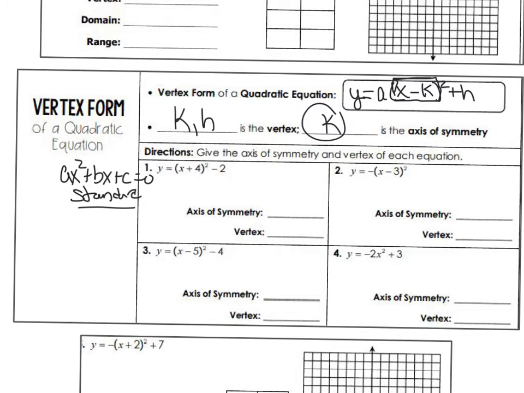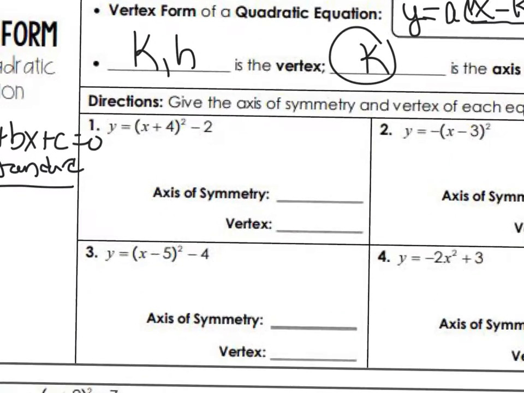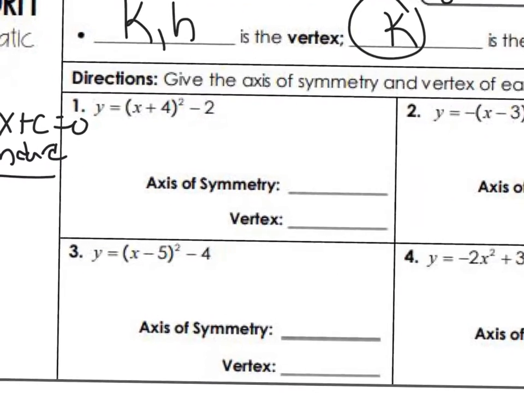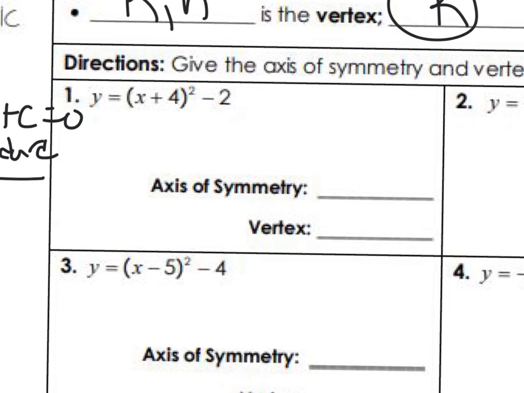Alright, so let's look at this. It says give the axis of symmetry and the vertex. The axis of symmetry is going to be our k, and it's going to be the opposite of positive 4. So our axis of symmetry is going to be negative 4. And k is also the x-coordinate of my vertex.